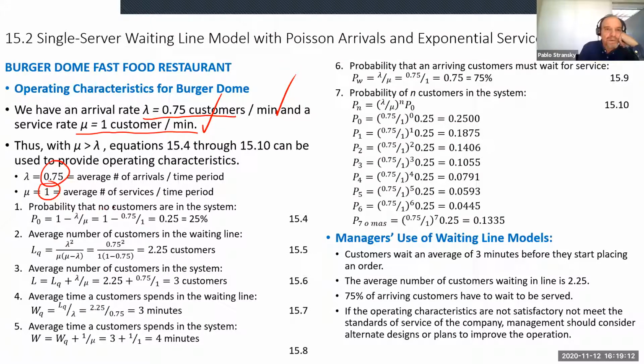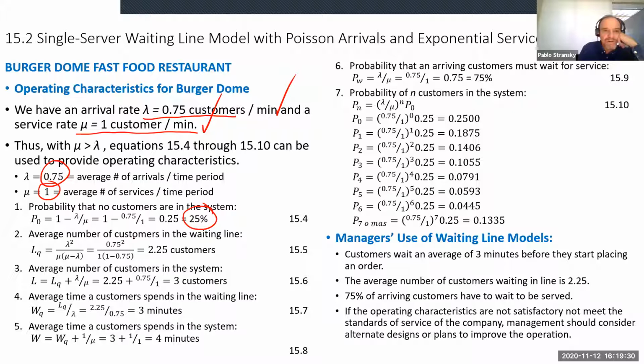So my probability that no customers are in the system is 1 minus lambda divided by mu, okay? And I got 25%.